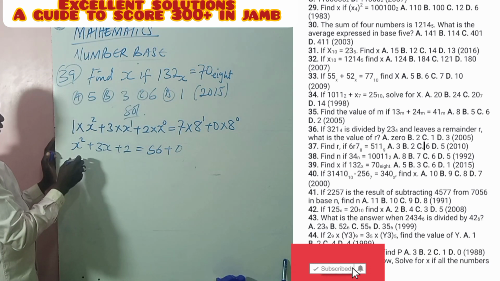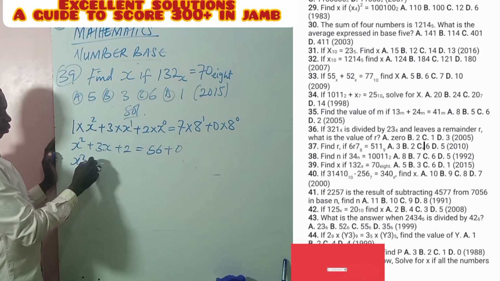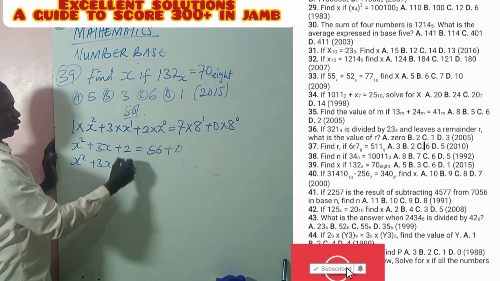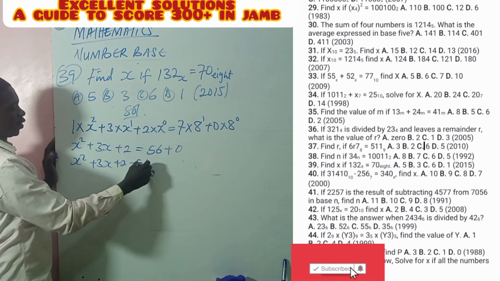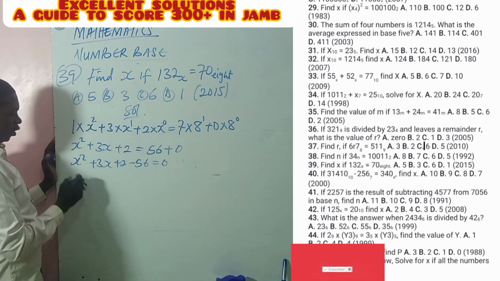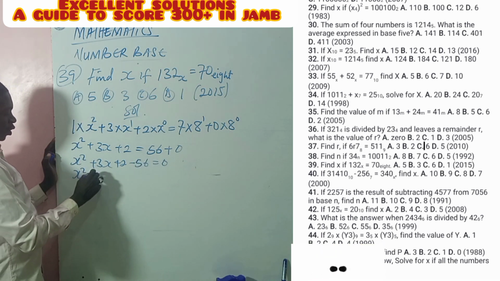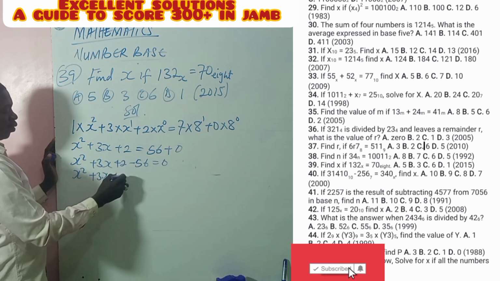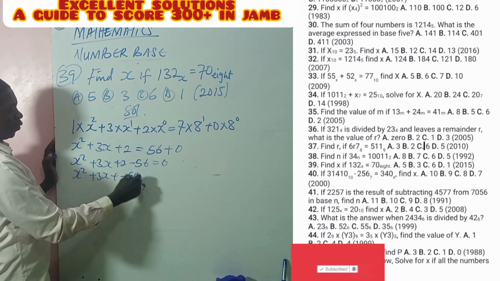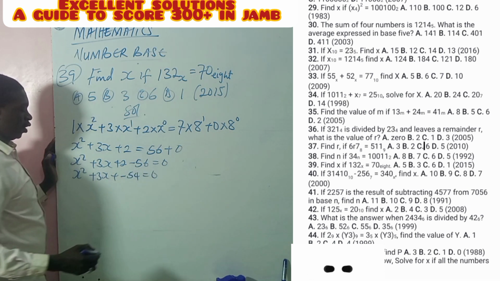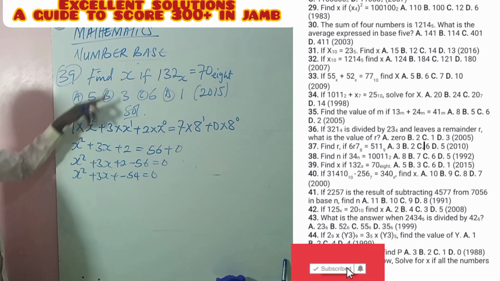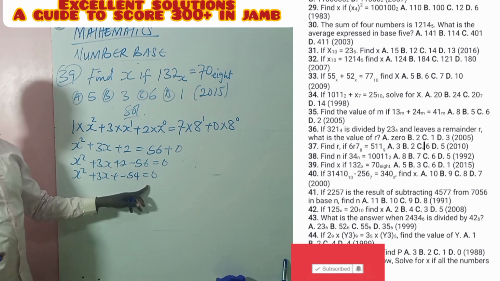So here we can say x squared plus 3x plus 2, and moving 56 across, we have minus 56 equals 0. We have x squared plus 3x plus 2 minus 56, that is minus 54, equals 0. So you see here, the number base has led us into a quadratic equation.